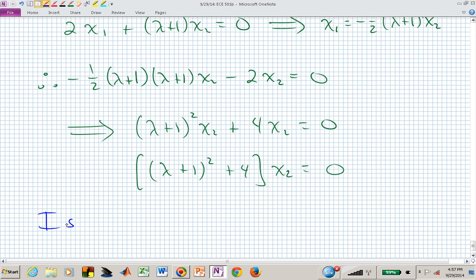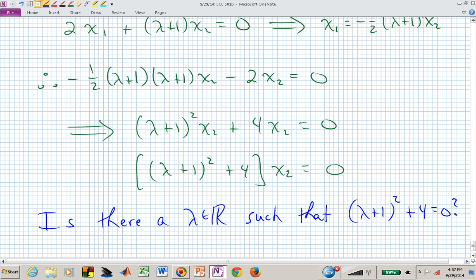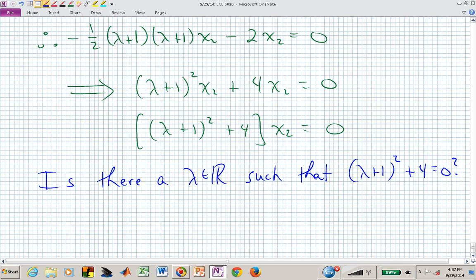And like we've done before, we need to determine, is there a real lambda, a real number lambda, such that you take a number, add 1 to it and square it, add 4 to that result, and will that end up being 0?